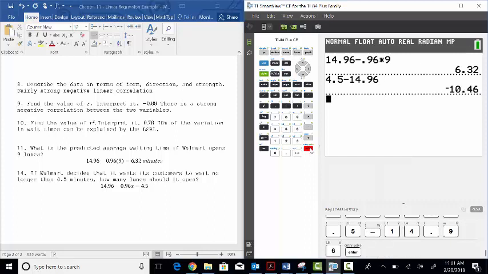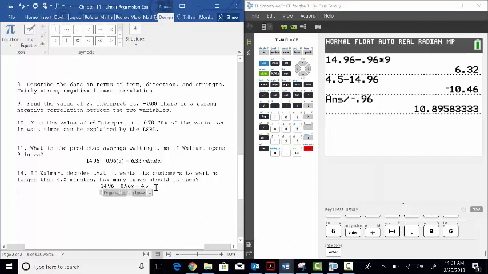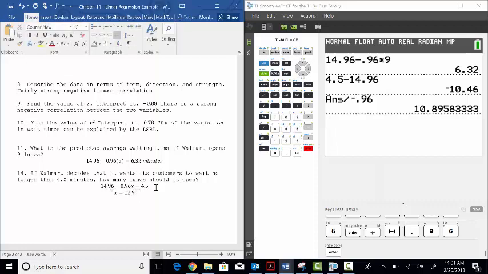And then I'm going to take that answer and I'm going to divide it by the negative 0.96. So I'm just solving for X. And I get that X equals 10.9. Oh, I typed in 12, sorry.